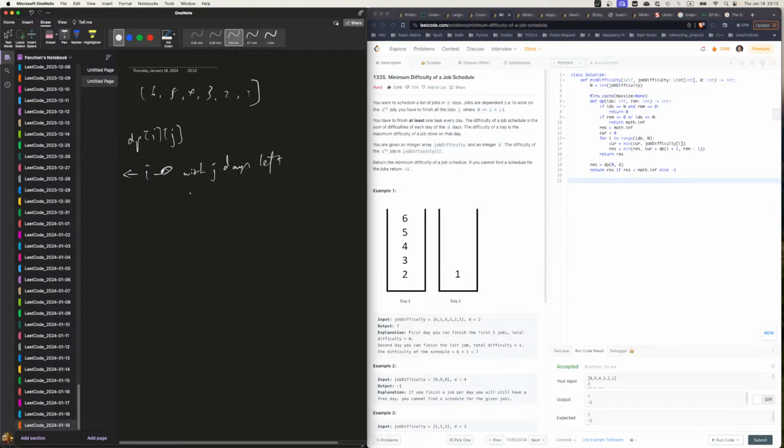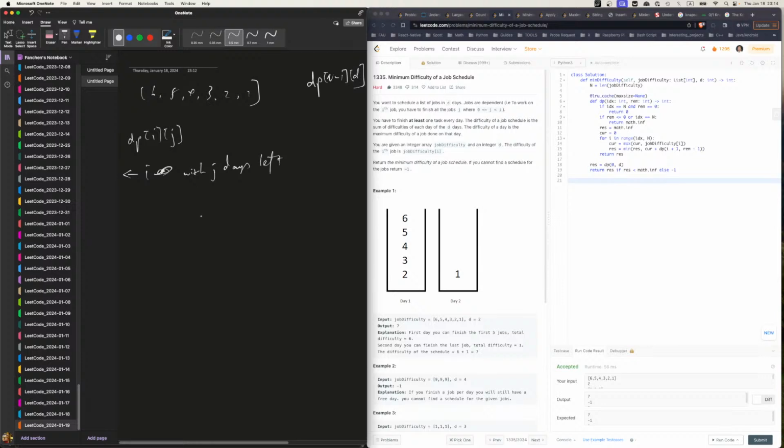Ending at i with j days left, right? So what we want to know is dp[n-1] with D days left. That's what we want to know. Okay, ending at i with j days left.